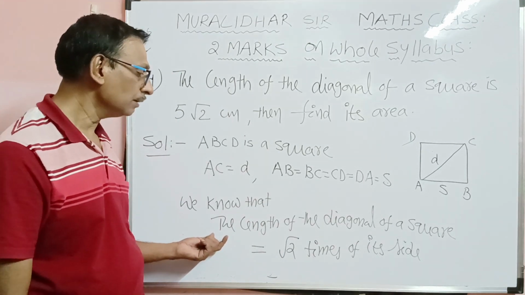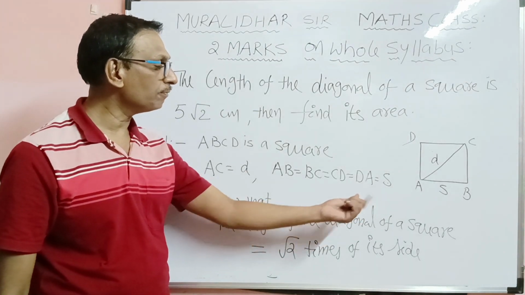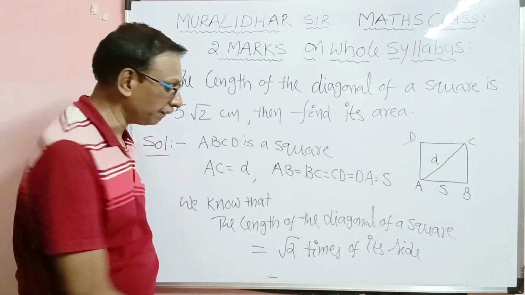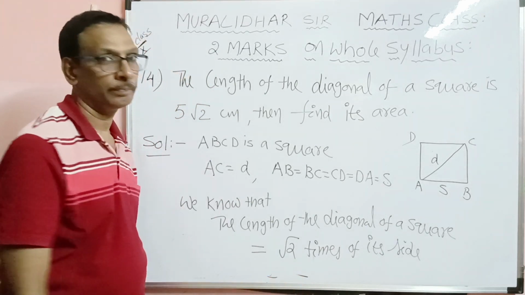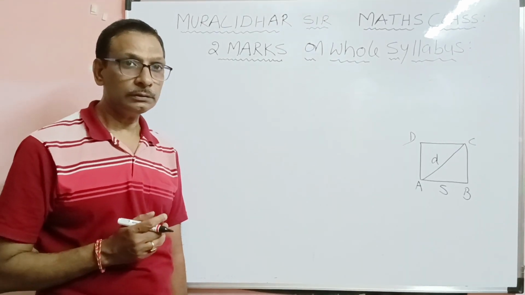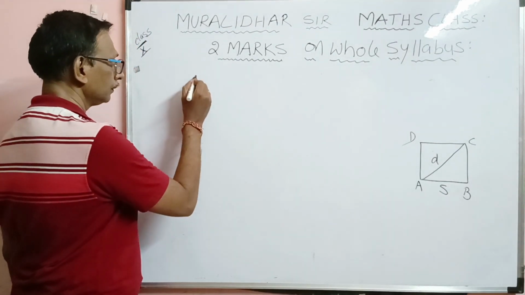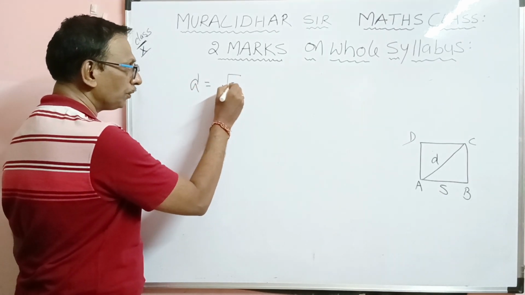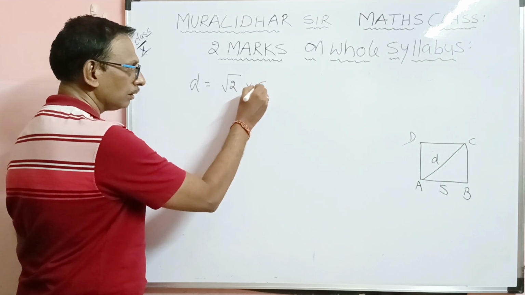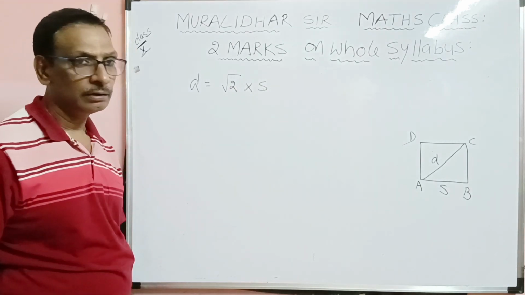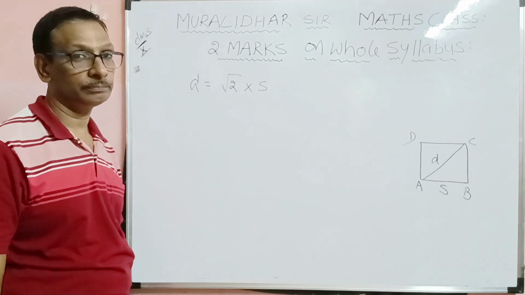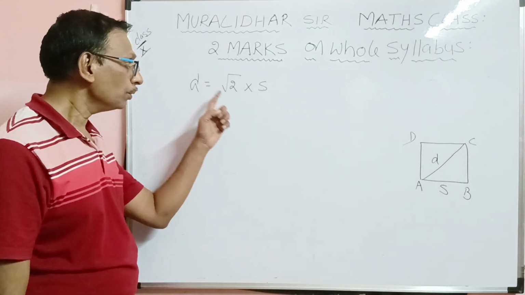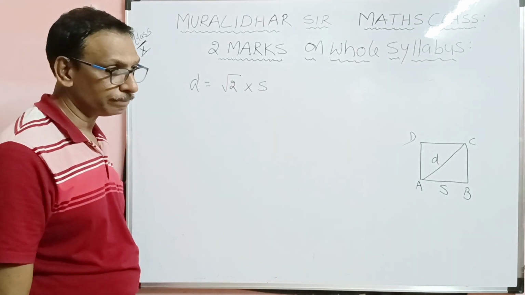In the square, the length of the diagonal is always equal to root 2 times its side. That is, d is equal to root 2 times its side. Now this is the formula. The length of the diagonal of a square is equal to root 2 times its side.